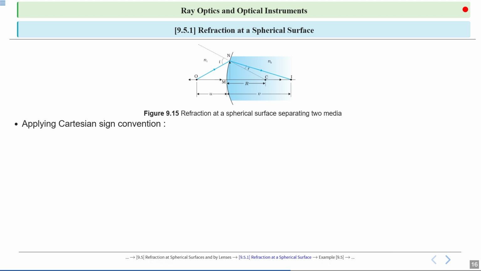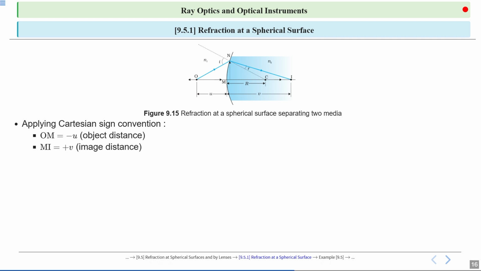So applying Cartesian sign conventions, you can see OM is object distance. So this is a real object. So U will be negative because we are measuring from the M point, from the center of the spherical surface. Okay, and rays are coming from left to right. We are going from right to left. So OM will be minus U, object distance.